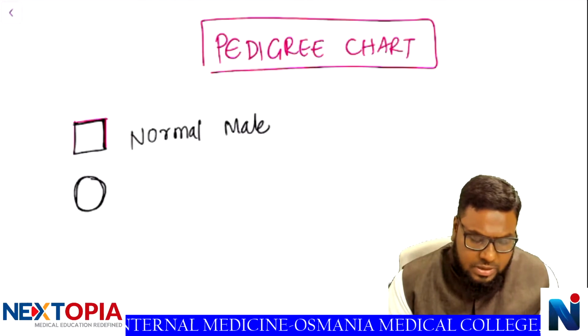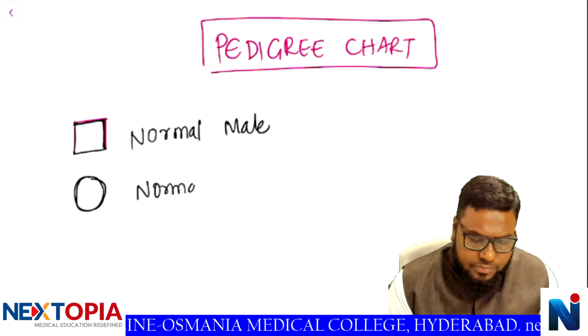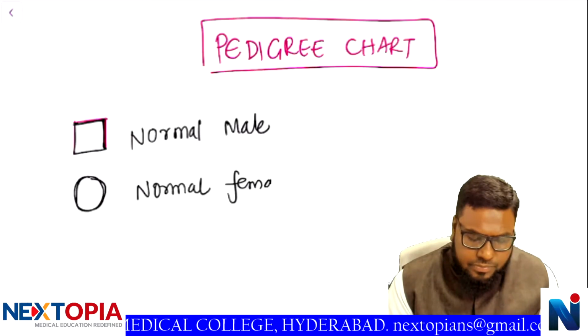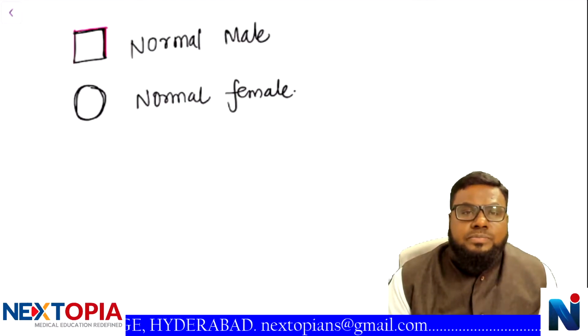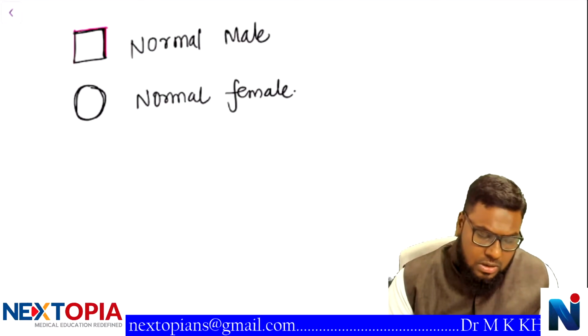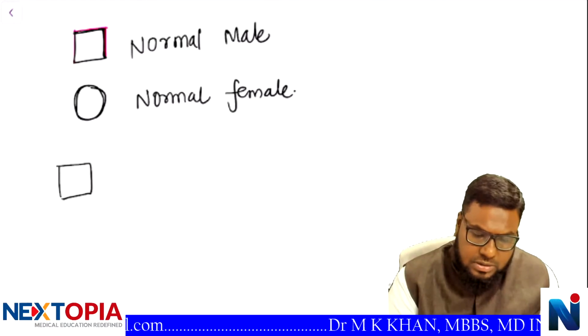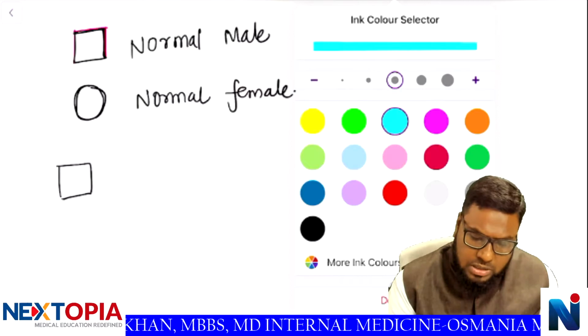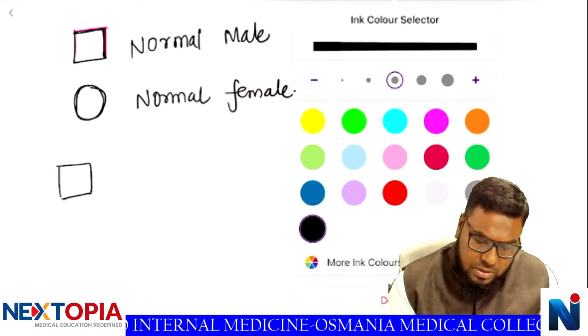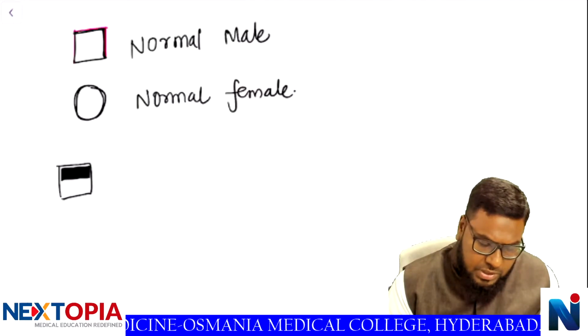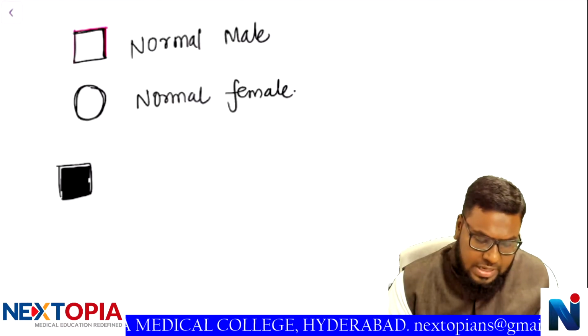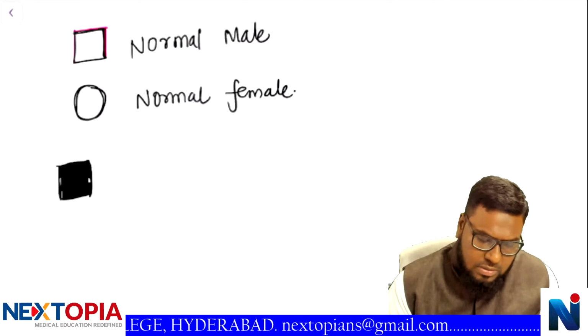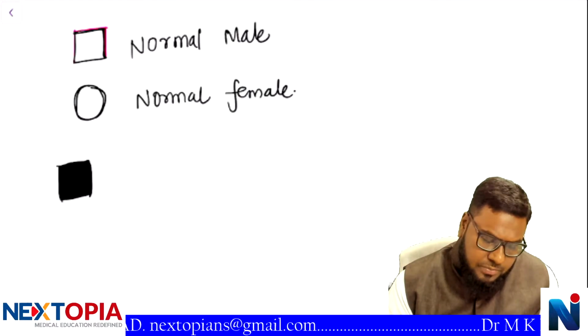Circle like this denotes a normal female. All right. Suppose if I draw a shaded square like this, a shaded square denotes what?